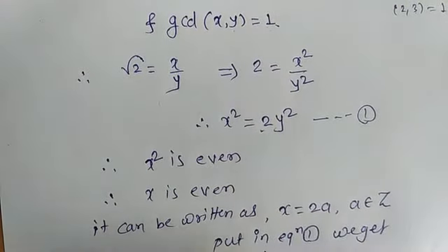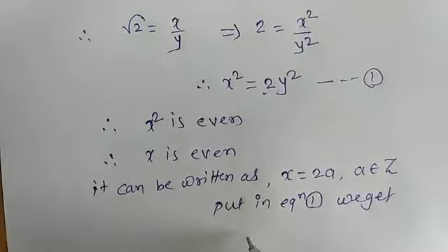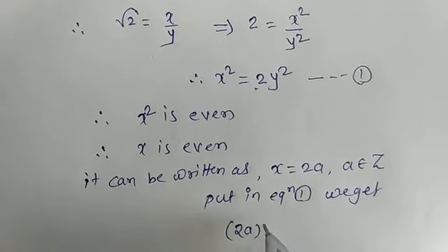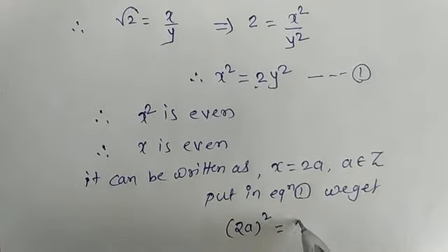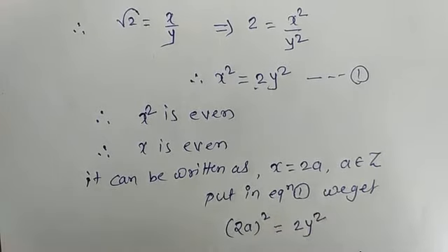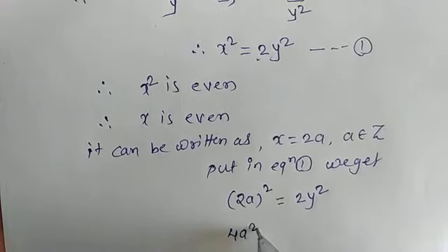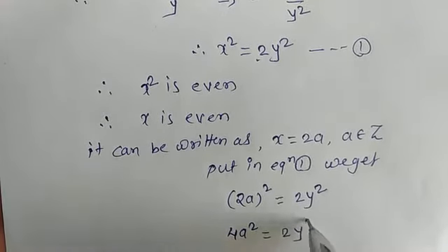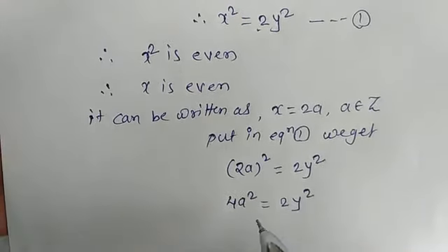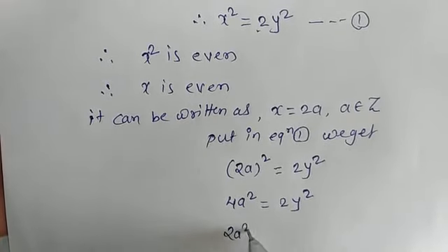Now put x equal to twice a in equation 1. Left side x square is twice a, whole square, equal to twice y square. So it will give twice a square is 4a square is equal to twice y square. Therefore twice a square is equal to y square.